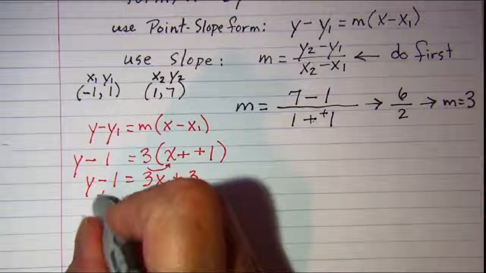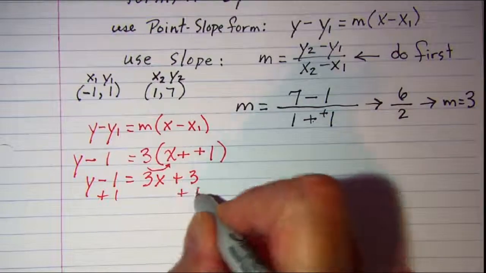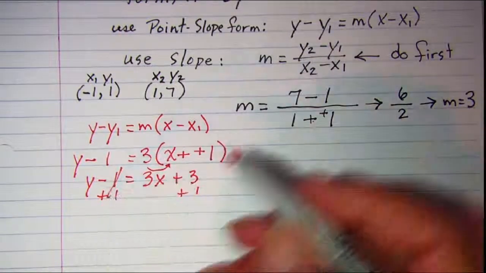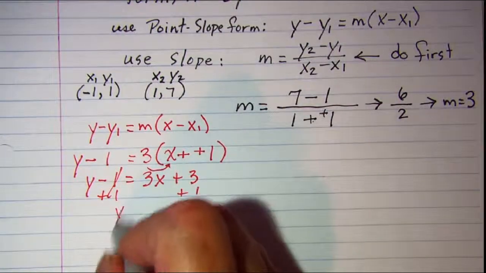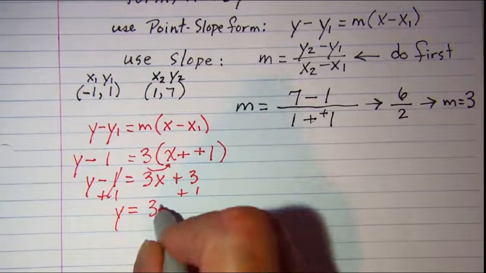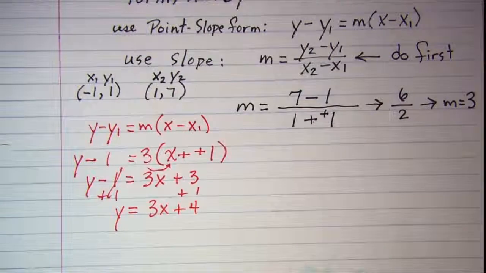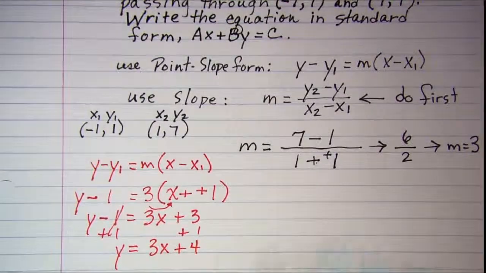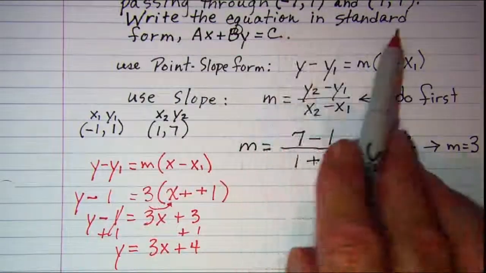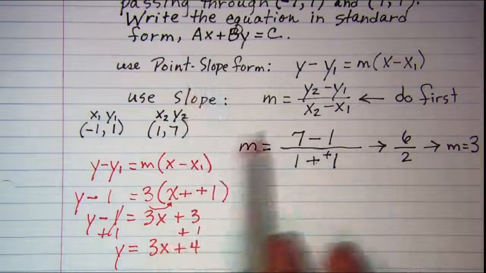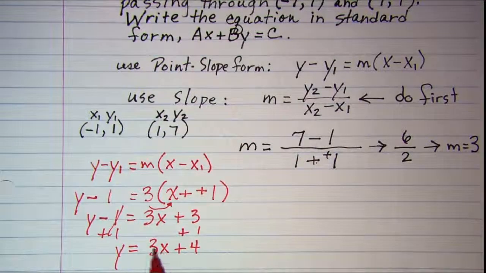And then add 1 to both sides, and those will cancel, y = 3x + 4. Now our directions in our problem were to write the equation in standard form. So you do the math, and if you just need slope-intercept form, then this would be the correct answer.